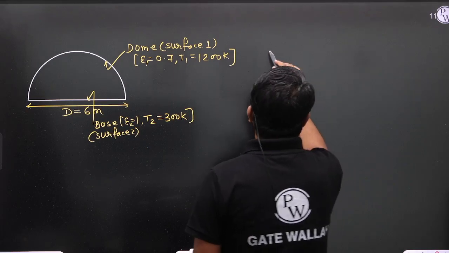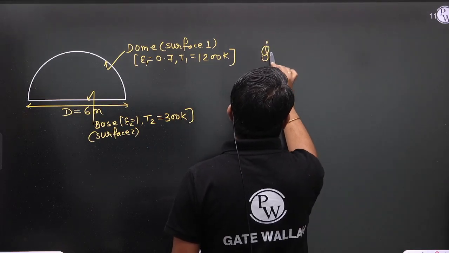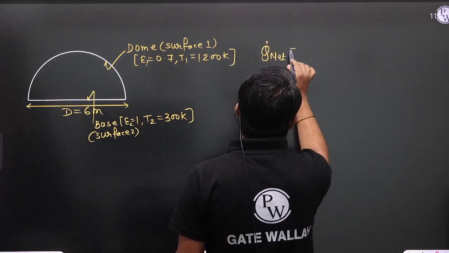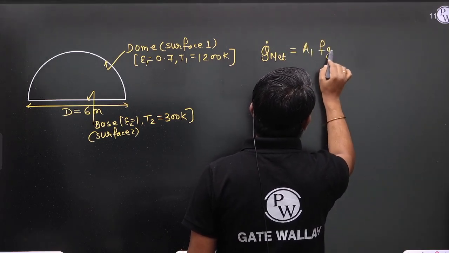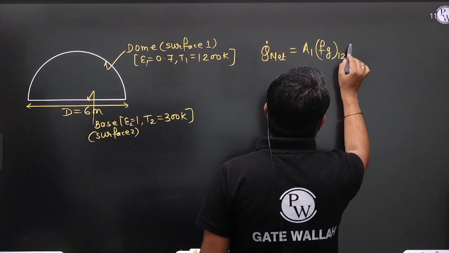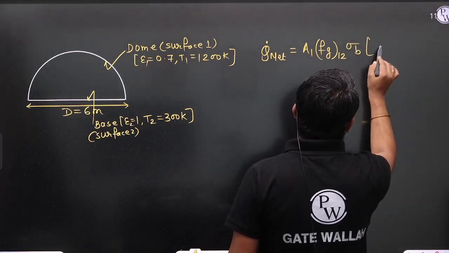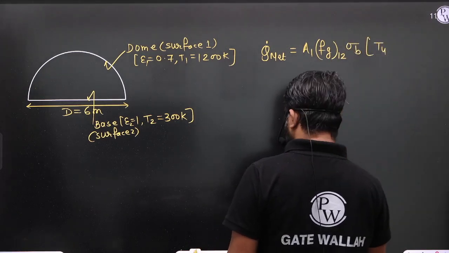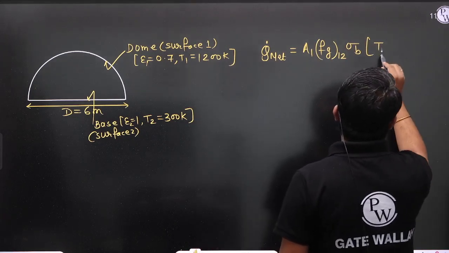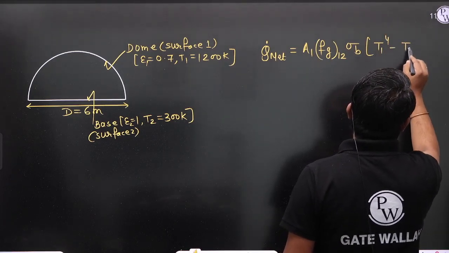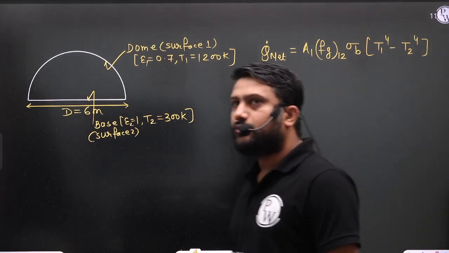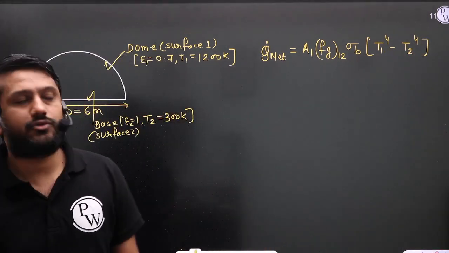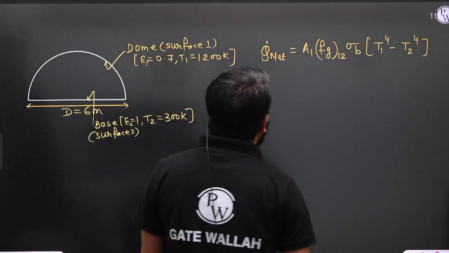Fine. So the net radiation heat exchange in this case, we can write, is A1 Fg12 sigma b (T1 to the power 4 minus T2 to the power 4). And what is the Fg12?